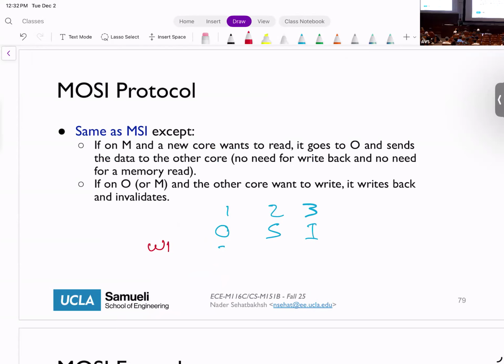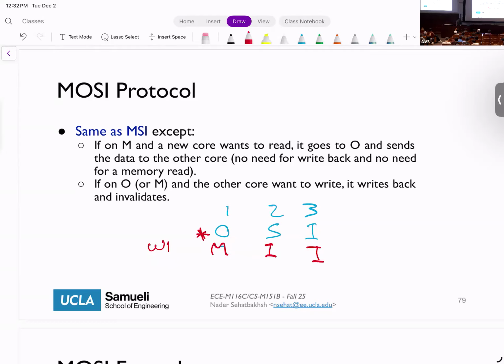Yeah, if it's write one, then you again transfer to M, and then these guys will be I. Oh, do you write back? You mean do we do the write back here? Is that your question?